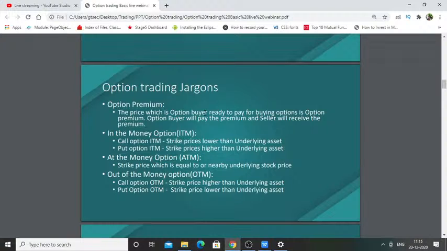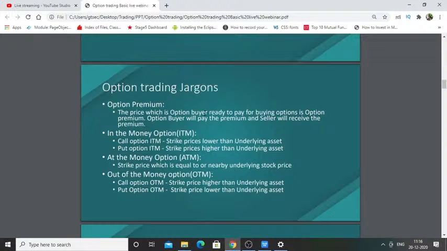An in the money call option is when the strike prices are trading lower than the underlying asset. For example, say Nifty is trading at the level of 13,500.